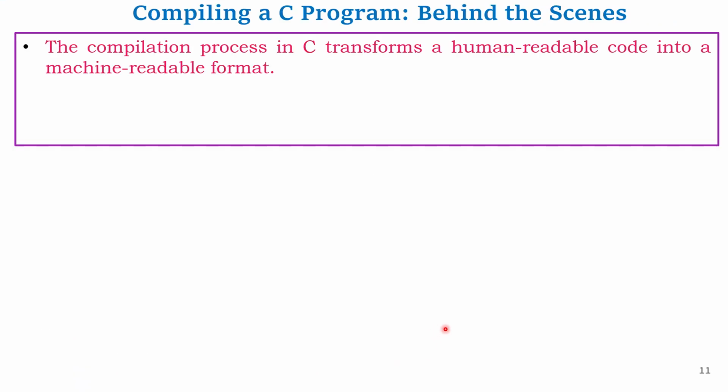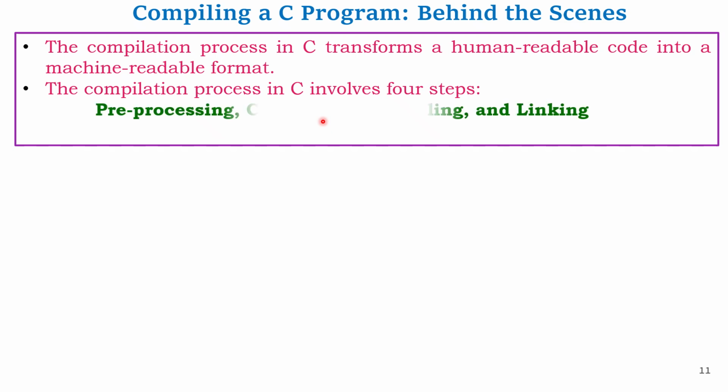This is very interesting. What happens when a C program is compiled? Let us see. The compilation process in C transforms human readable code, that is high-level language program, into machine language or machine readable format. The compilation process in C involves 4 steps.